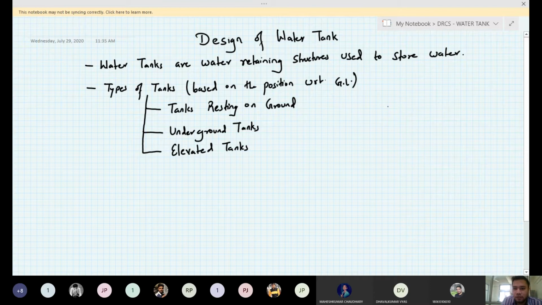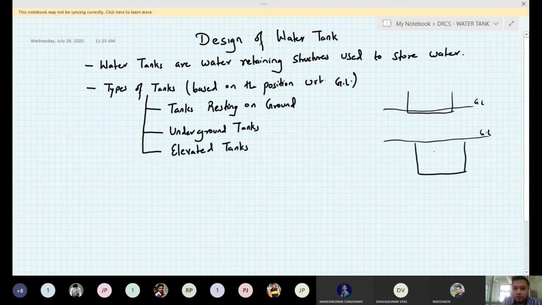Okay, so in tanks resting on ground, this is the ground level, the tanks are resting on the ground. In case of underground tank, if this is the ground level, the tanks are below the ground level. And in elevated tanks, the tanks are provided on some staging.